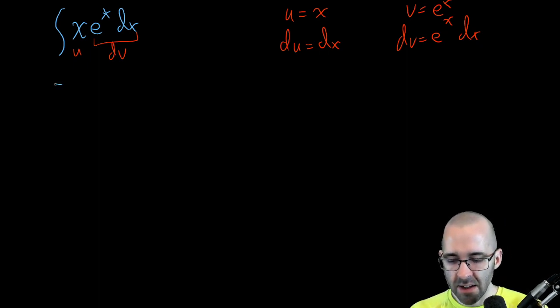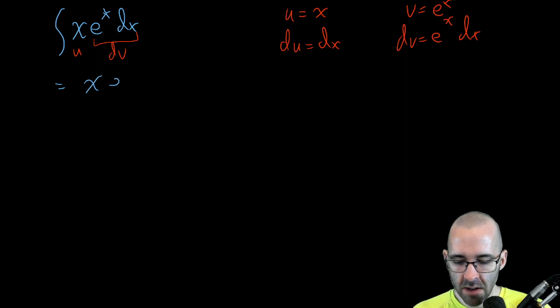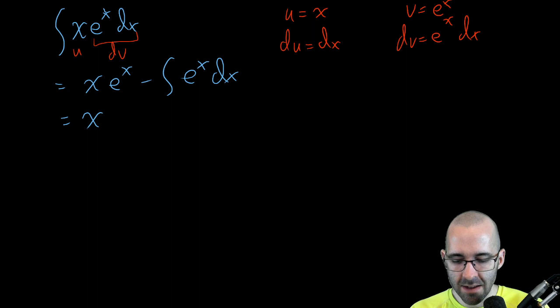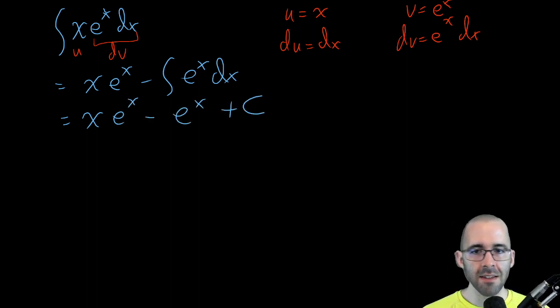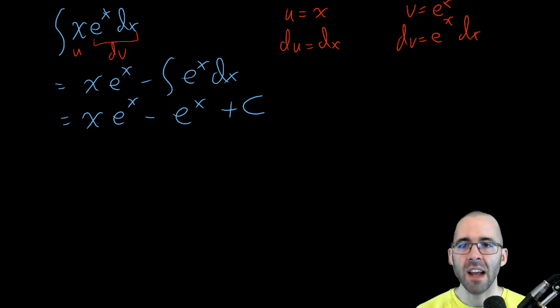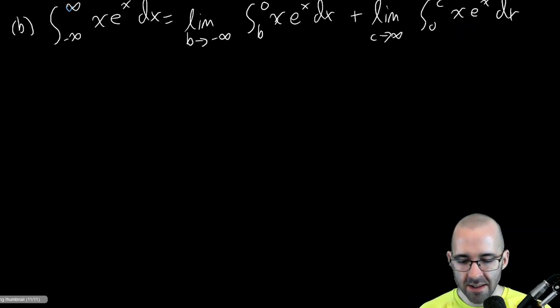Integration by parts says that this is u times v minus the integral of v du. Oh, I like the antiderivative of e to the x. It's just e to the x.